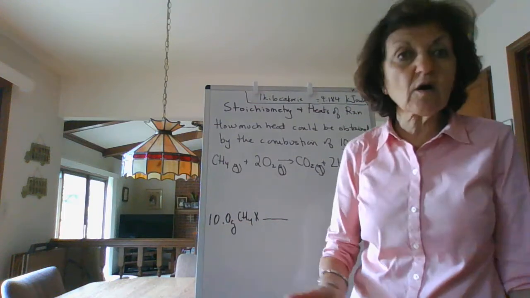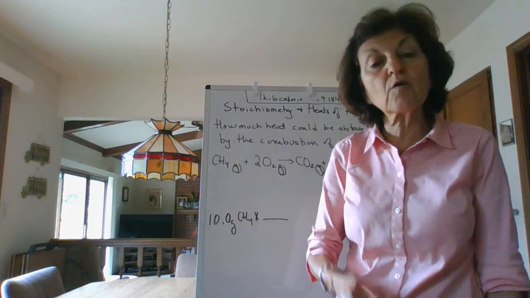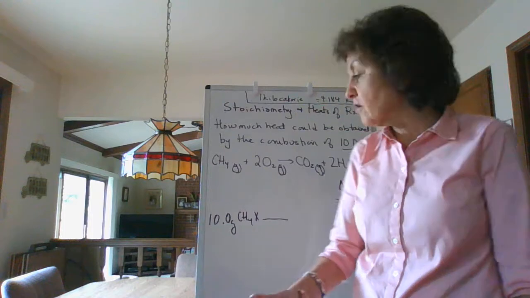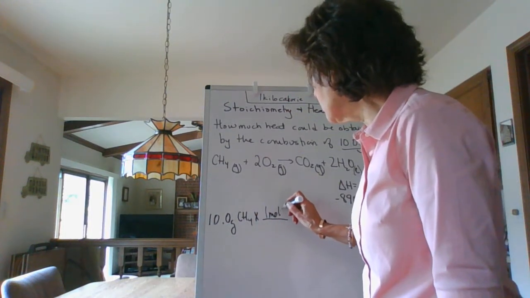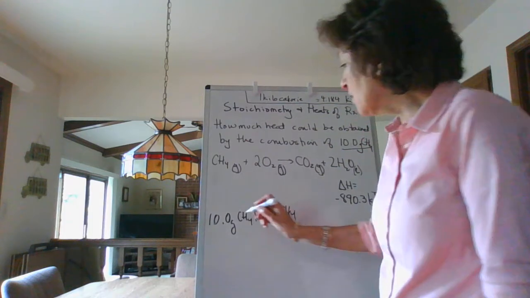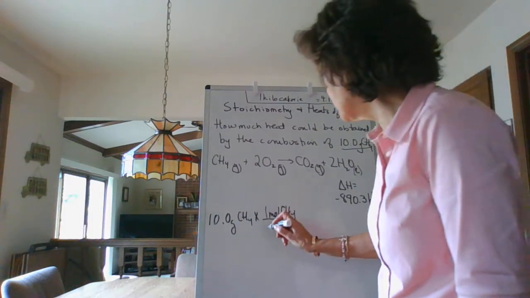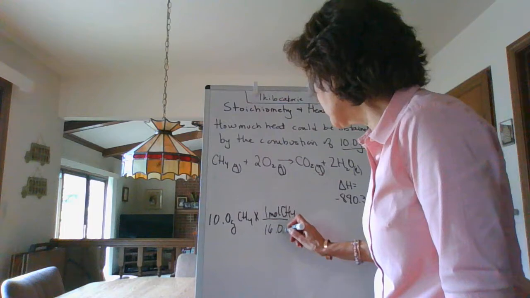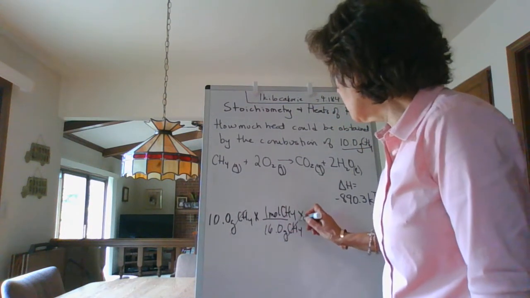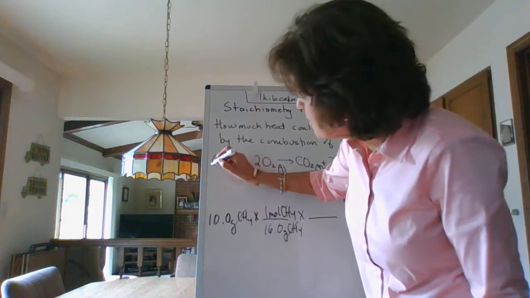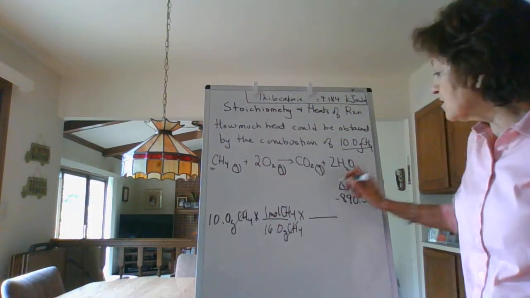Okay? They give us grams, so obviously we're going to have to change grams to moles, just like we do with all the other stoichiometries. So we're going to get the molar mass of methane. So 1 mole of methane, carbon's 12, hydrogen's 1, so approximately 16.0 grams of methane. Okay. Now we can use this 1 and relate it to this.